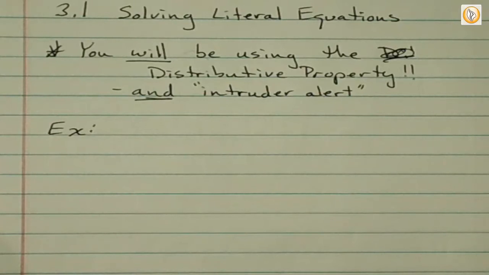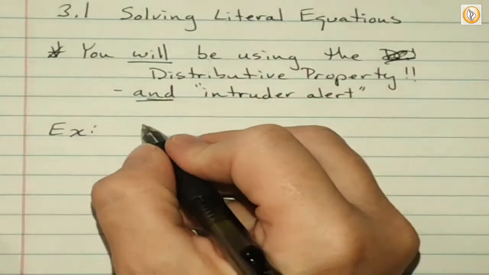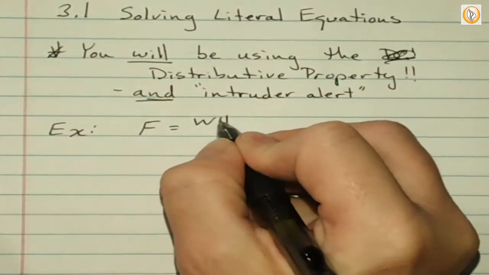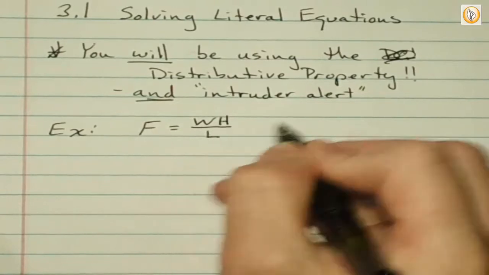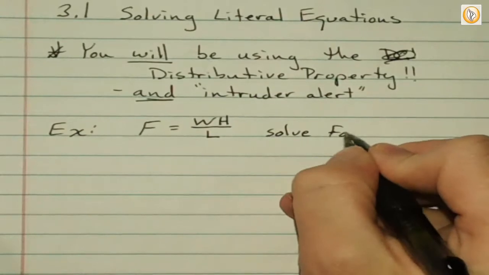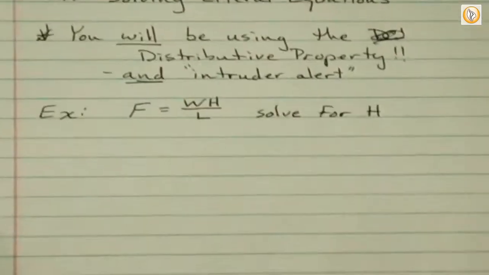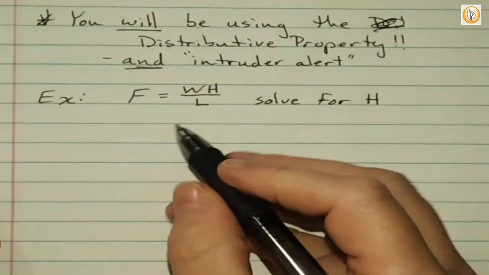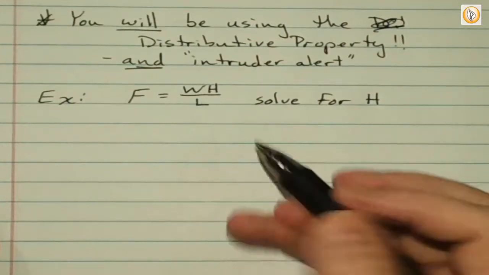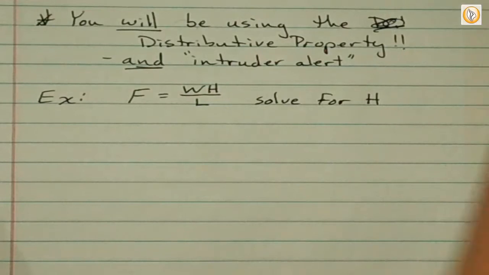Y'all ready? Okay. Here's your first example. Is this like those bonuses? Yep. F equals W times H divided by L. You're solving for H. Now, this is where kids freak out.